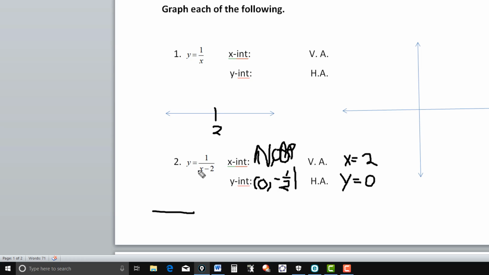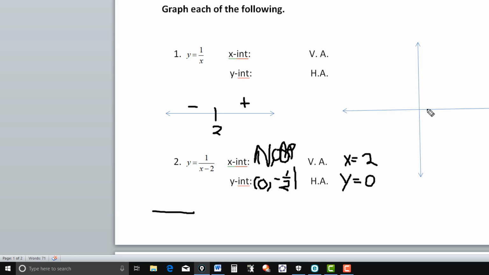So again, pick numbers to the right of 2, 3, 4, 5, and so forth, and I get a positive. You can see if you pick numbers less than 2, say 1, 0, negative 1, you're going to get a positive divided by a negative. So in this case, I'm going to get a negative. So again, the positive tells you the graph is above because the y value is positive, and a negative tells you that it's below the x-axis.